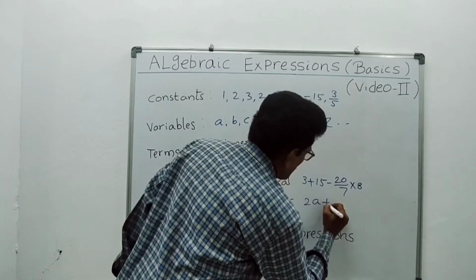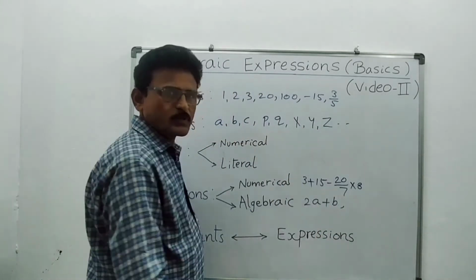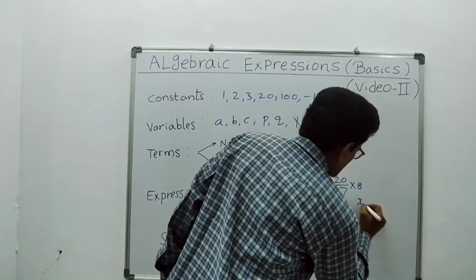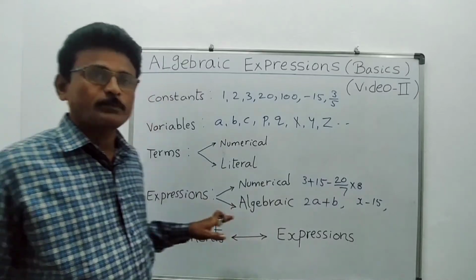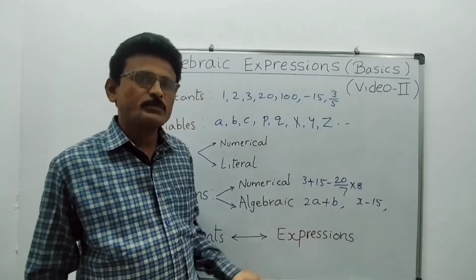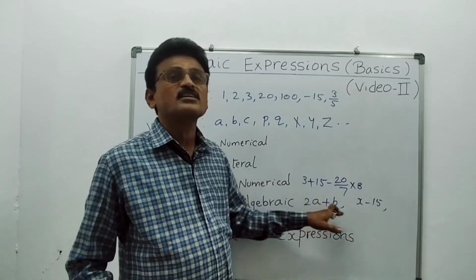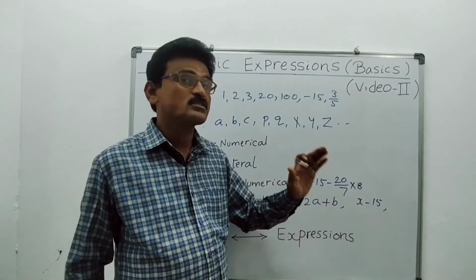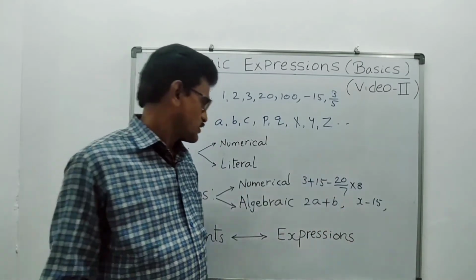See, 2a plus b. We don't know what is a, what is b. These are literal terms. Now, x minus 15. These are said to be algebraic expressions. Why are these algebraic expressions? Because we are combining both constants and variables. Okay, terms are made by using constants and variables. They are said to be algebraic expressions.